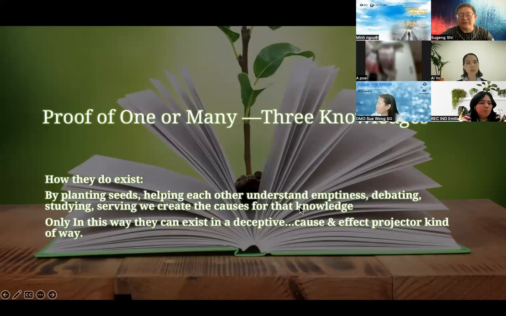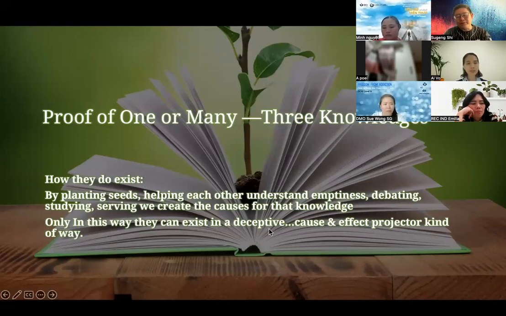Then we create the causes for the knowledge. Only in this way can they exist in a deceptive way, a cause and effect kind of way. So we are creating the seeds, and then the result is that we have the knowledge.